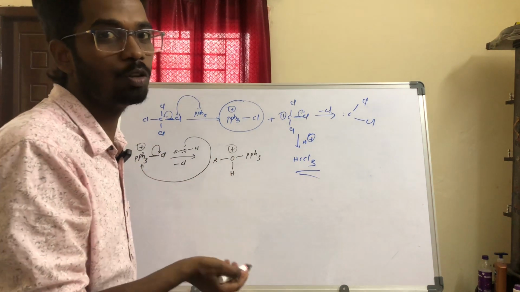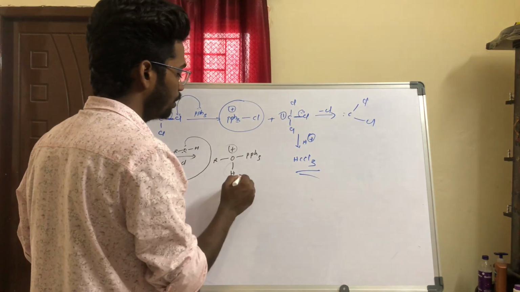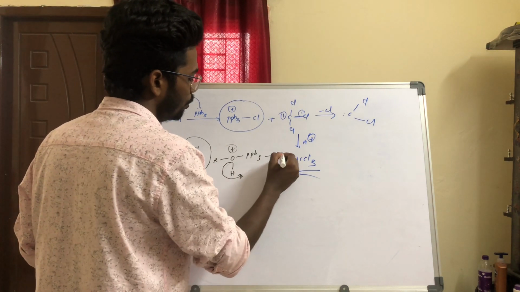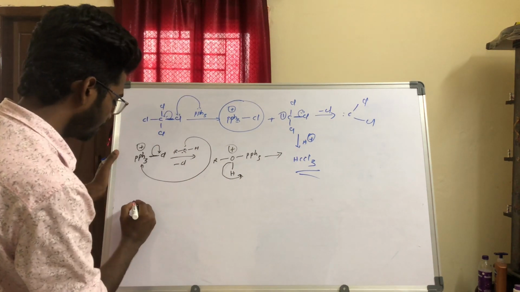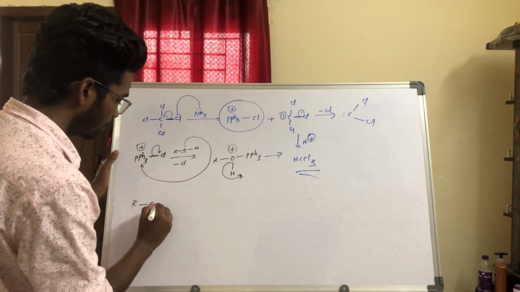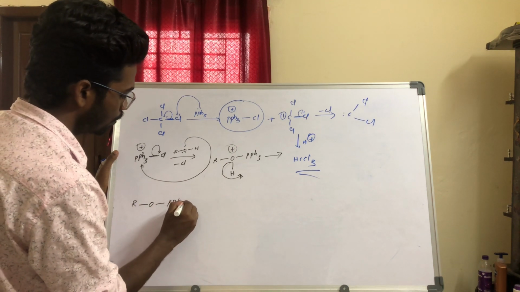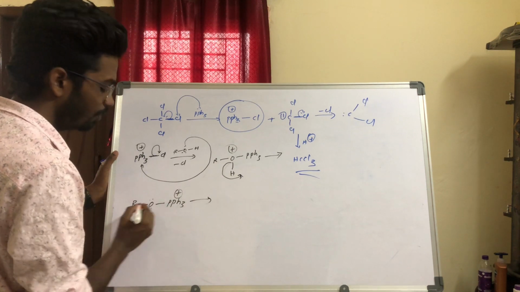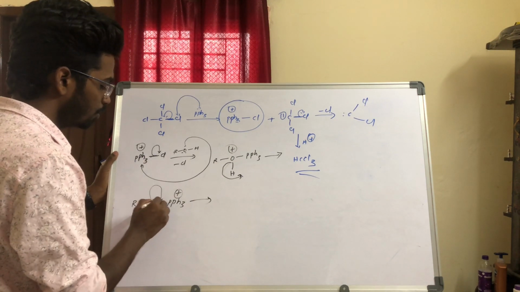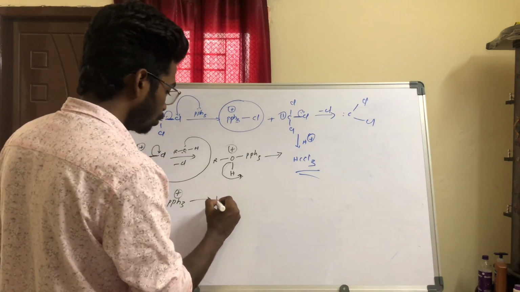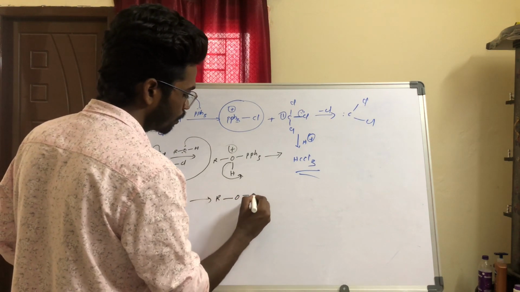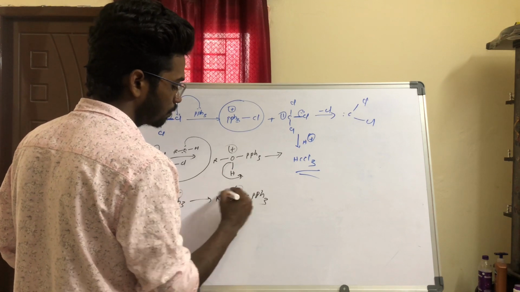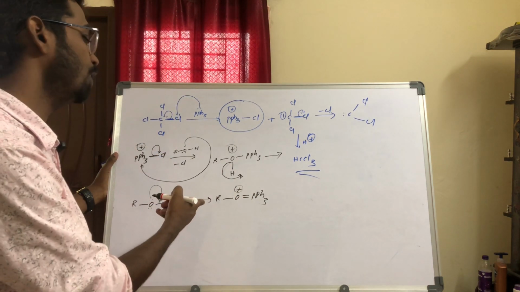The bond migrates here, so it acts as the best leaving group.